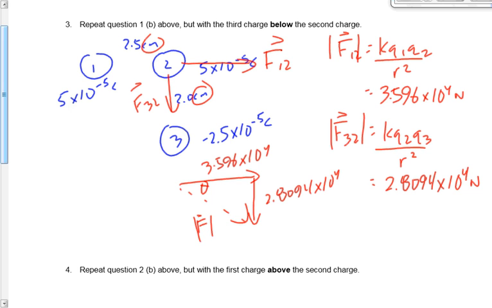When we do the math to find force, what are we going to do exactly? Pythagorean theorem, good. So 3.5 squared plus 2.8 squared, square root that, and we should get that force, do that math, of 4.56 times 10 to the 4 newtons. We're going to find that angle by using the inverse tan function of opposite over adjacent.